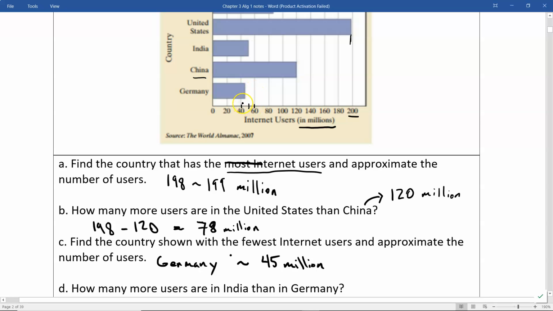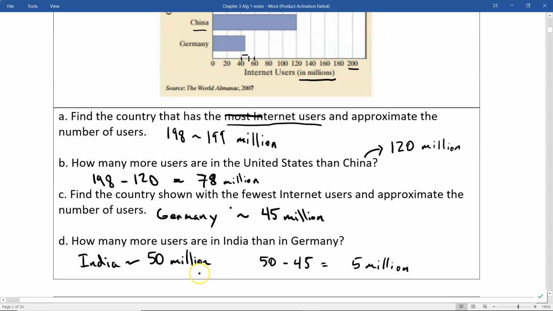Because this realm, 40 and 50, is really where I think a good estimate is. Somewhere between 41 and 50 is a good estimate to me. I think that's about a quarter of the way, so I estimated it 45. If you said something like 46, 47, 42, I think that's okay.